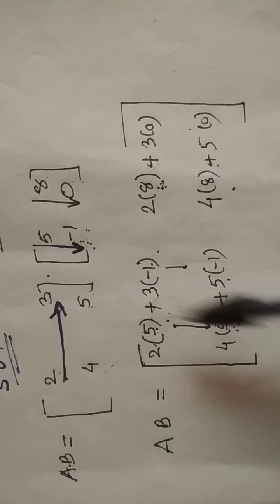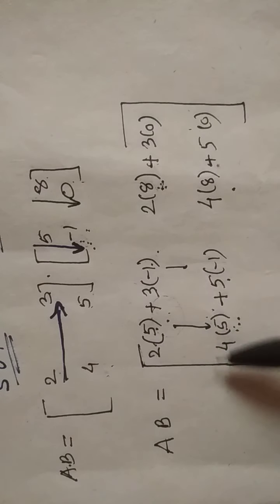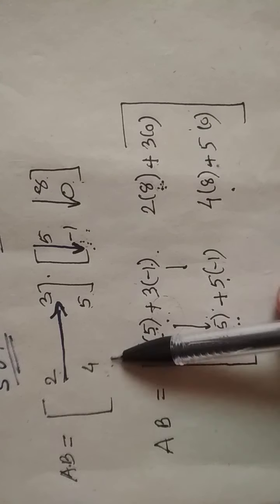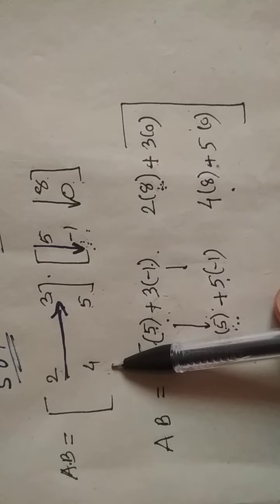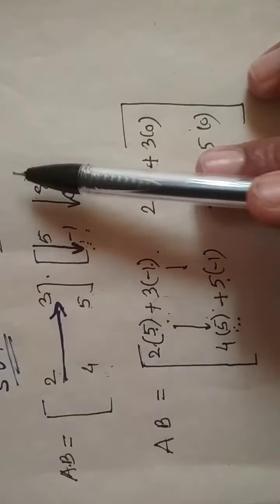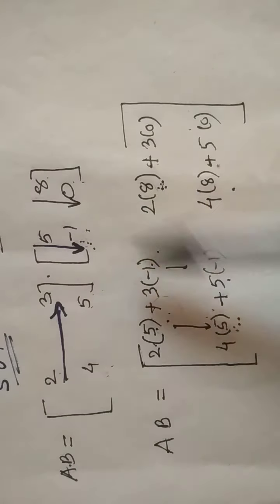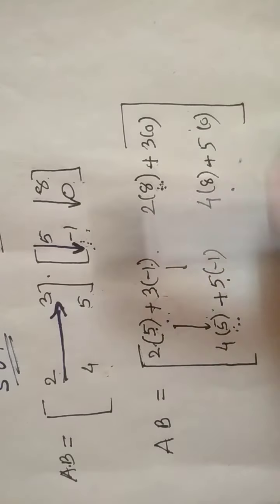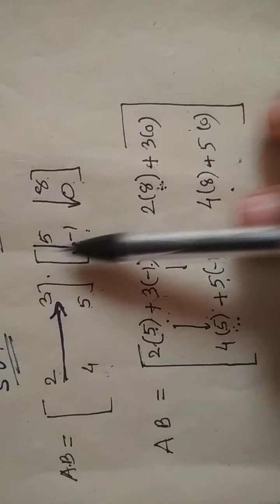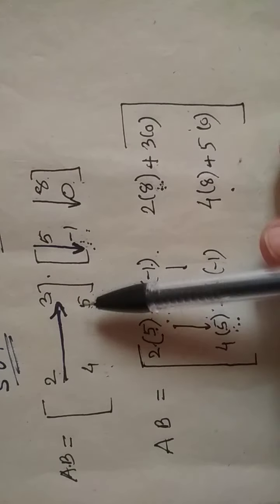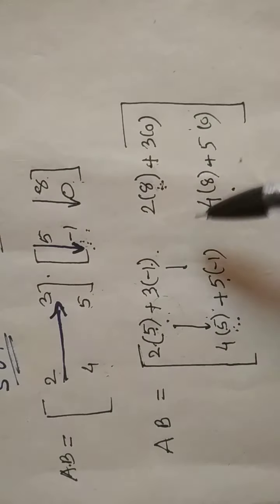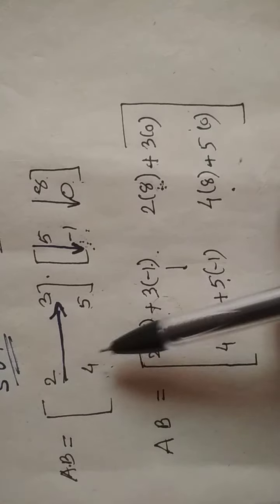When moving to the second row, the second row elements of the first matrix will be multiplied with the first column and second column elements. So the second row, first column element is 4 into 5 plus 5 into minus 1, and the second row, second column element, the last entry, is 4 into 8 plus 5 into 0.